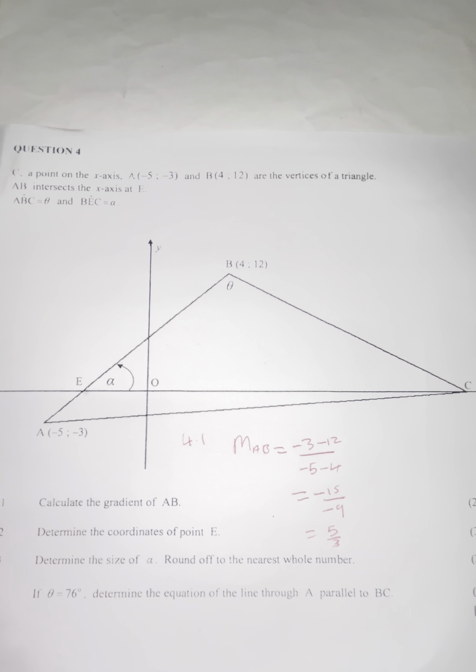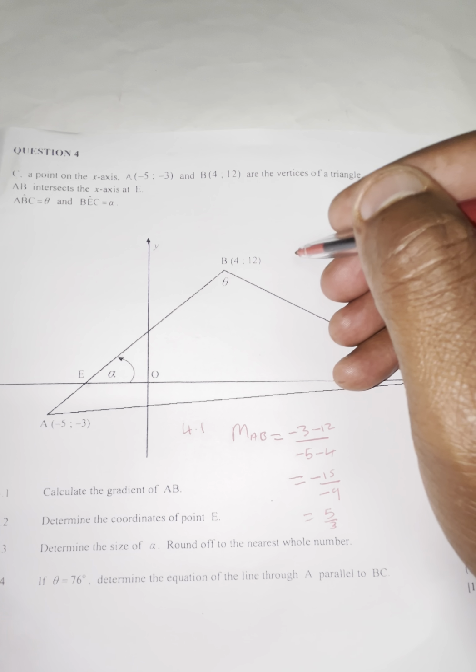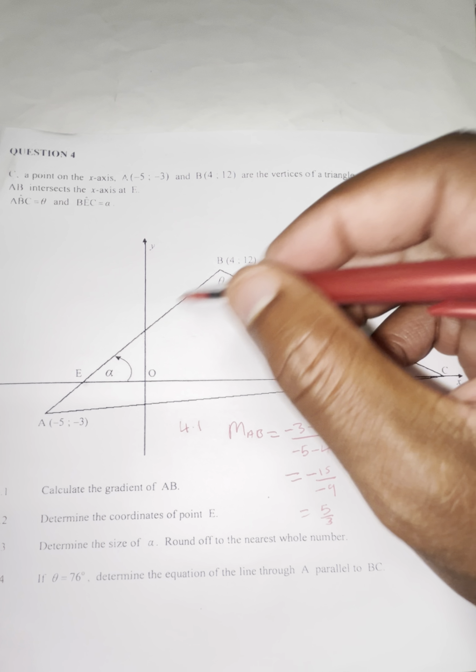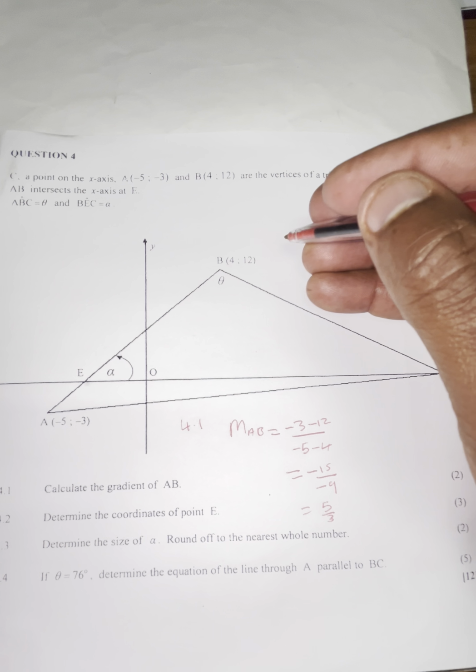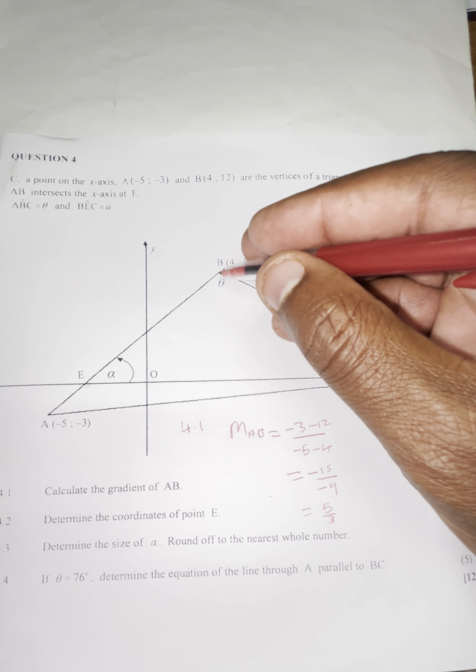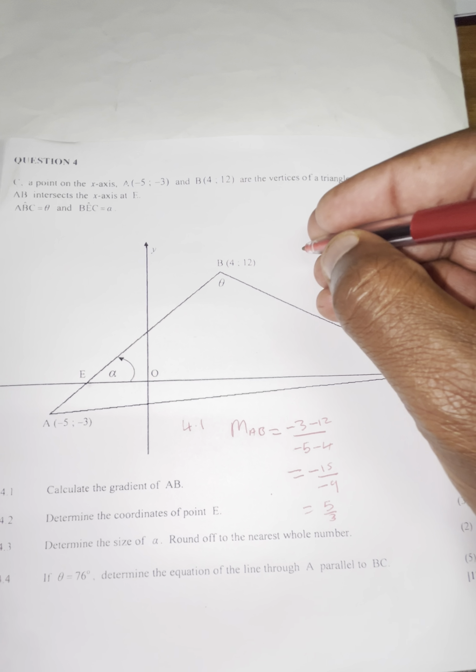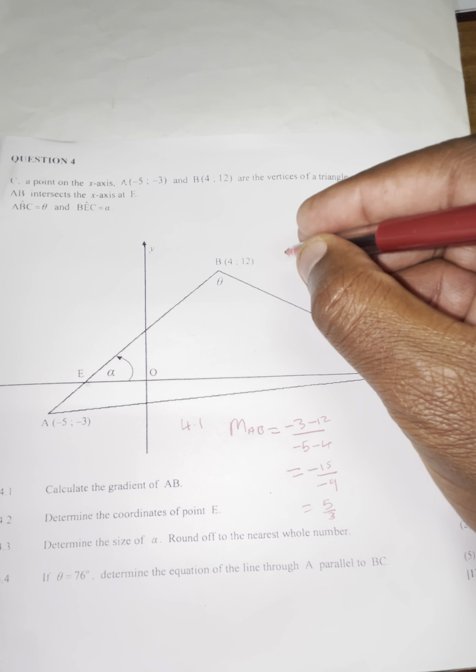There are many ways to kill a cat, right? So now I can say that the equation of the line AB is y equals mx plus c. So y is equal to the gradient of AB, we've already calculated, it's 5 divided by 3 x plus c.